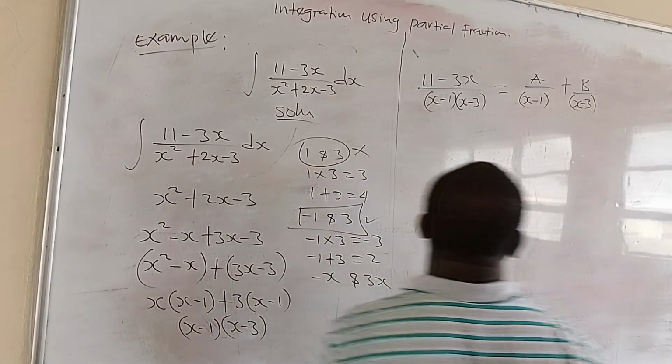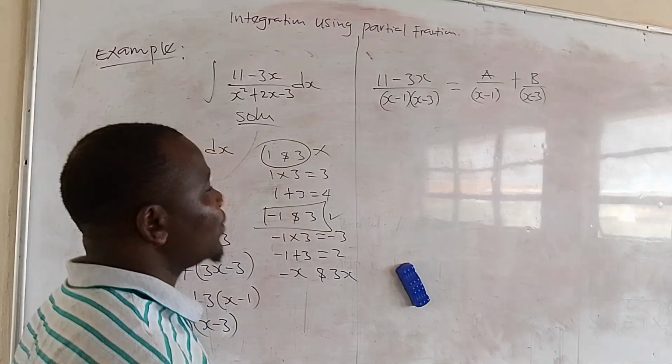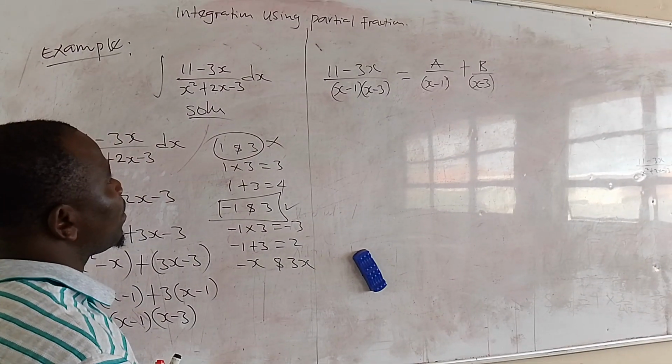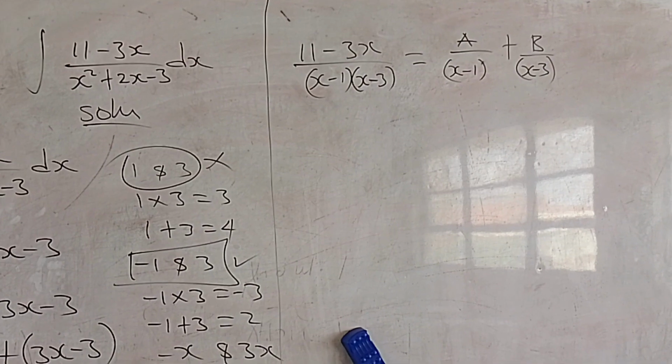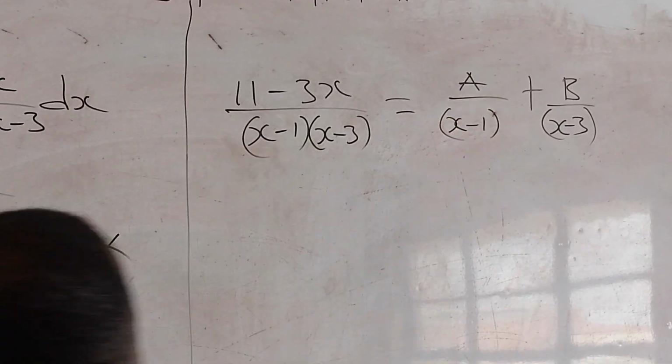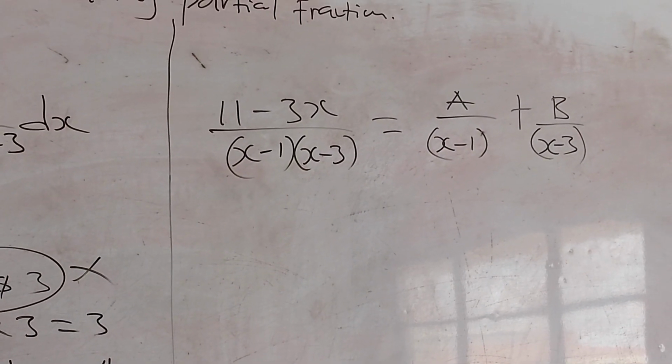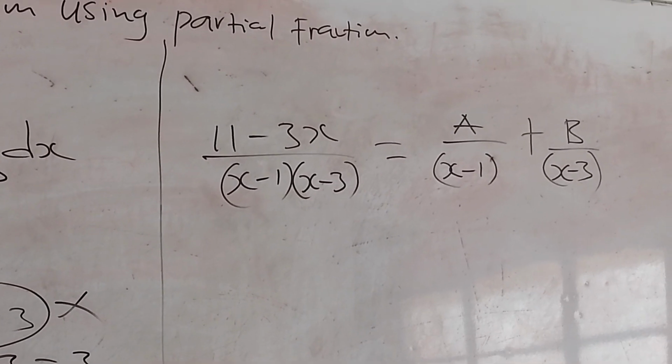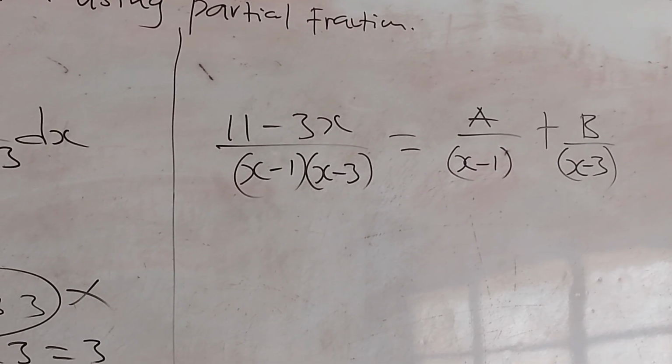Amen. Okay. So if you agree with me, it means we are going to find the values of A and B. How can we find the values of A and B?